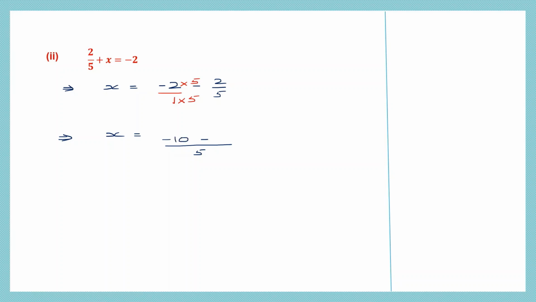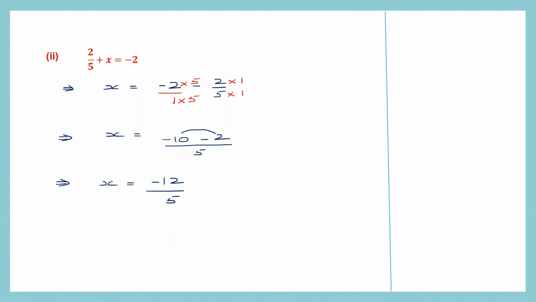Minus, go to the next one, 5 into 1 is 5, so multiply 2 into 1, 2 1s are 2. So x is equal to, here we have minus 10, minus 2, signs are the same, put the same sign and add up 10 plus 2. 10 plus 2 is 12 and the denominator is 5. So our answer is minus 12 by 5.